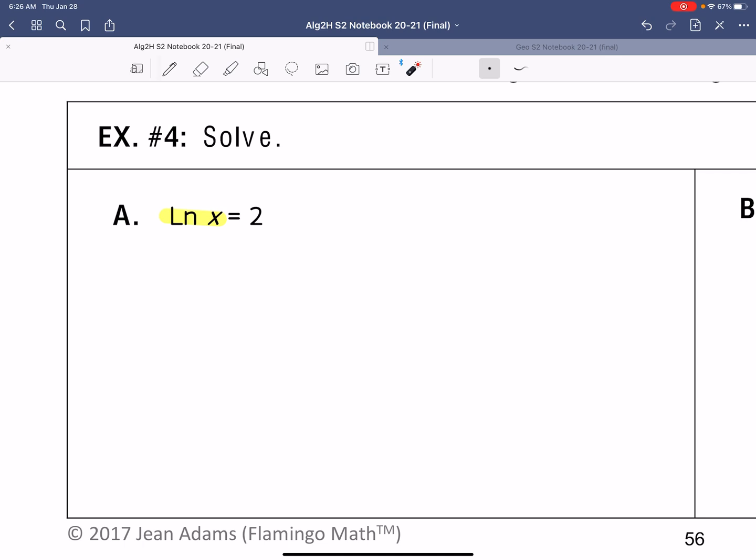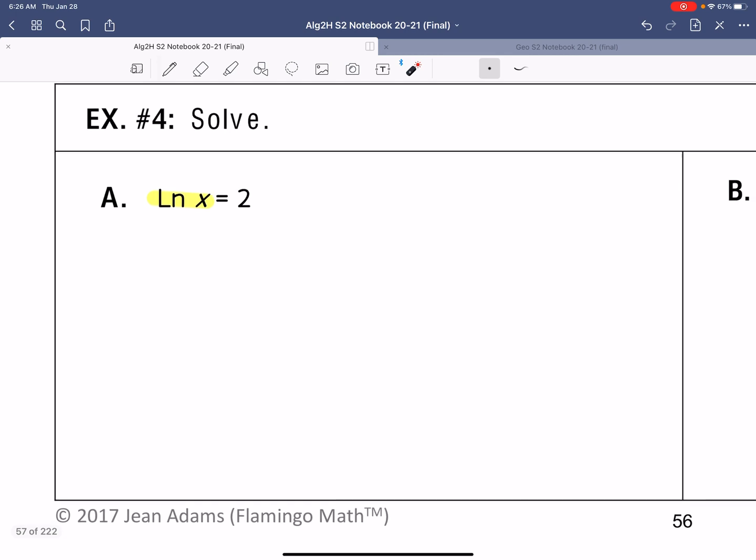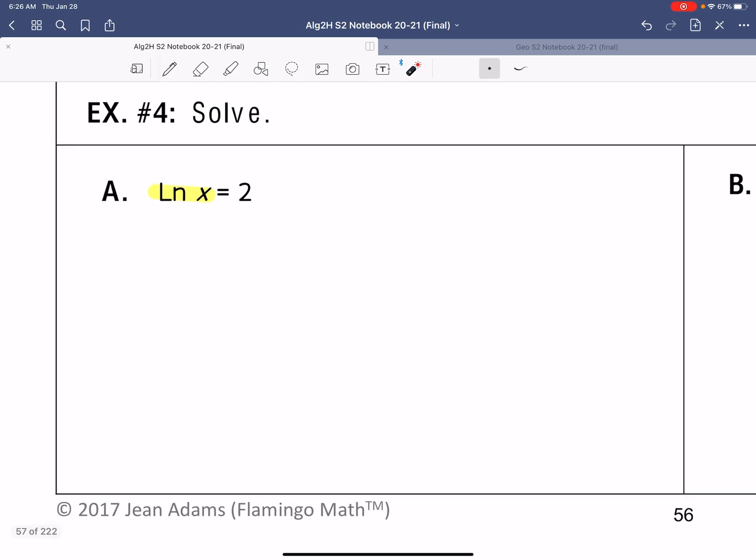So step 1 is isolate the natural log of x. It's already isolated. So now whenever we want to get something out of a log, we do its inverse function. Remember, the inverse function is going to be the exponential. So for an exponent, we have a base to an exponent equals an answer.